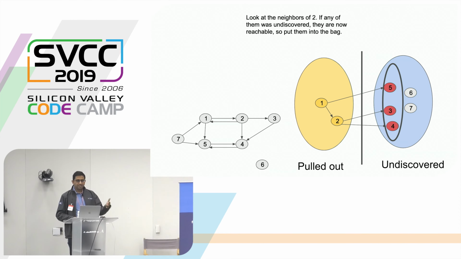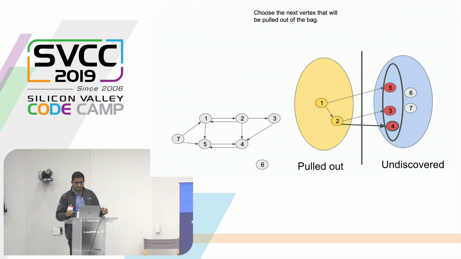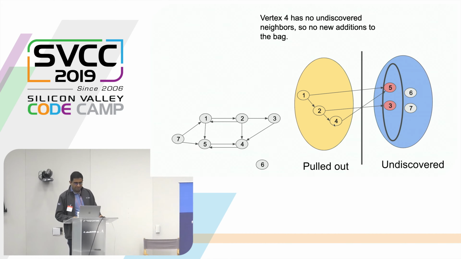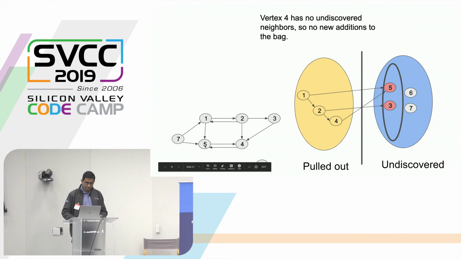and then we repeat the same process. We decide which vertex we want to pull on next. We make that choice arbitrarily for now. We decide to pull on this edge from 2 to 4 to drag vertex 4 ashore. And that's what we get. This time, vertex 4 only has one outgoing neighbor, vertex 5, which is already in the bag. So there are no new fish added to our bag.